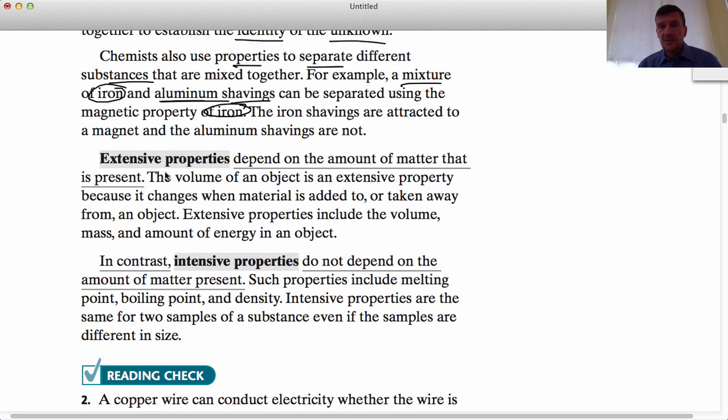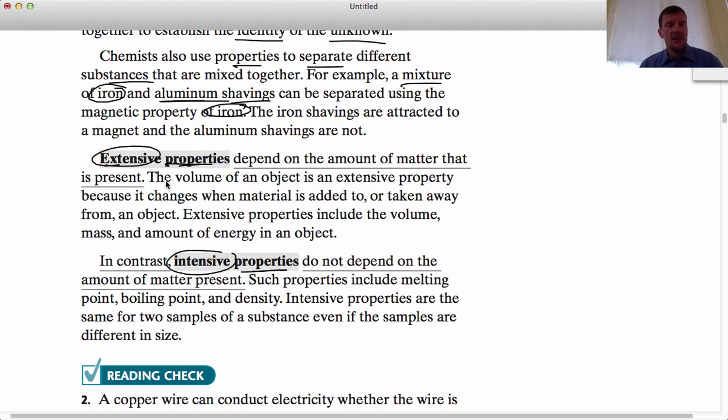Again, chemists and scientists like to categorize and define things. Here we have properties that are extensive and properties that are intensive.